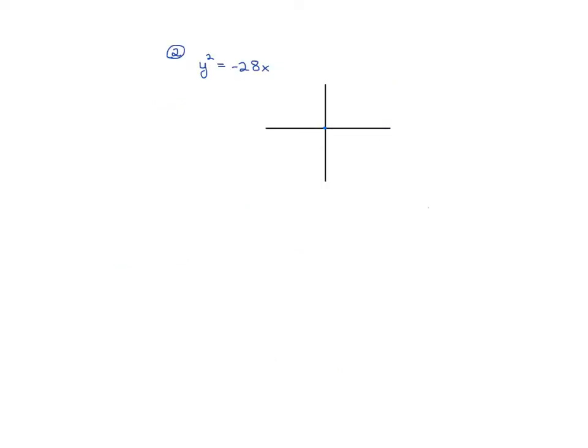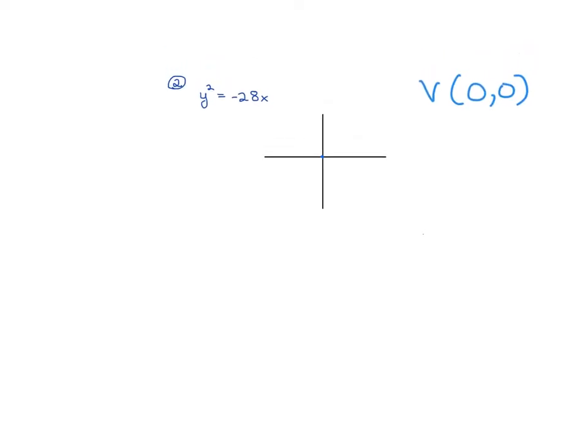This time I've got a y squared term. My vertex is still at 0, 0. So my vertex is still here at 0, 0. Now, again, remember it's in this form: y squared equals 4px.